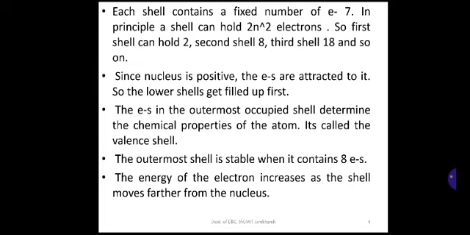The energy of an electron increases as the shell moves further from the nucleus. The closer shell has less energy, and the shell further from the nucleus has more energy.